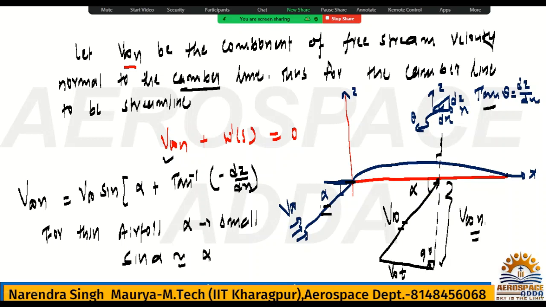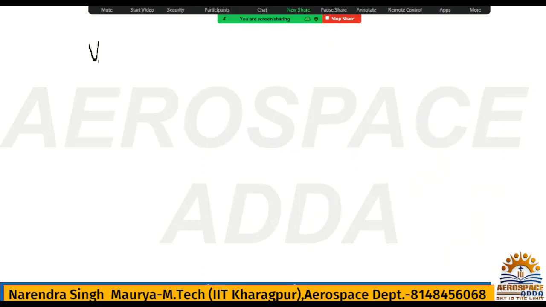And similarly, that tan inverse of minus dz by dx will also be a small value. So what you may get? You may get V infinity n. You can do that mathematics. You can perform that. V infinity, you may get alpha minus dz by dx.